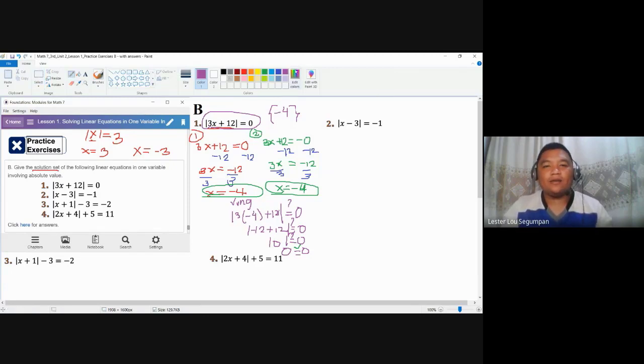Number 2 allows us, for case 1, to take this x minus 3 and take the positive of this, which is, let's just say, positive 1. Nevertheless, the two cases may just be interchanged in a solution set. In case 2, we'll take x minus 3 and take the negative 1. You might argue, so I will place the negative first, or the positive first.